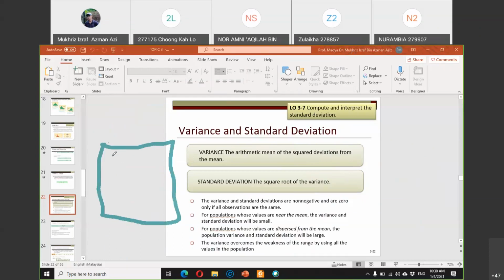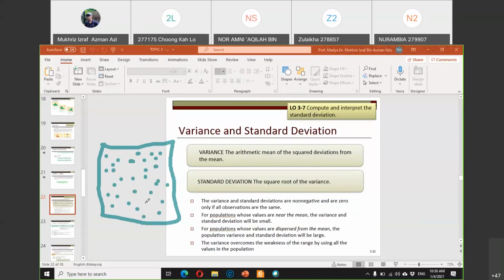If you spread the sugar all around the table, meaning you cover the whole table with the salt or sugar, then you can say that the standard deviation or the variance is very big, because you cover the whole table with the sugar or salt.